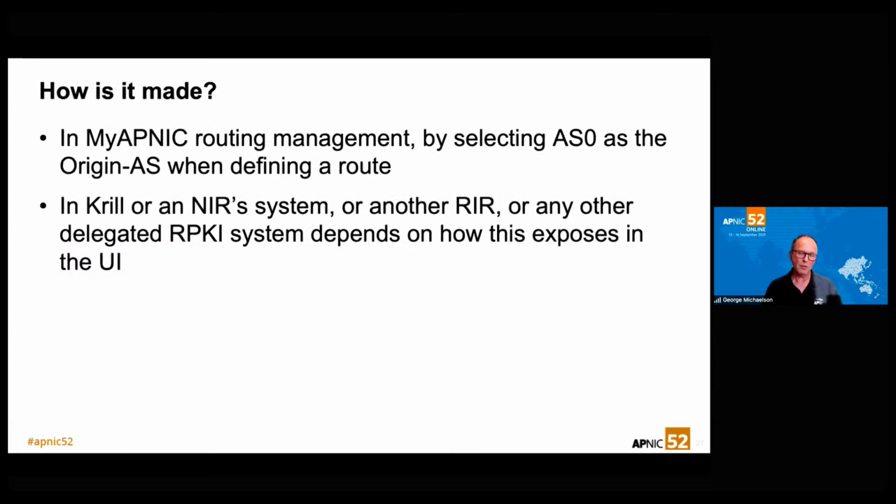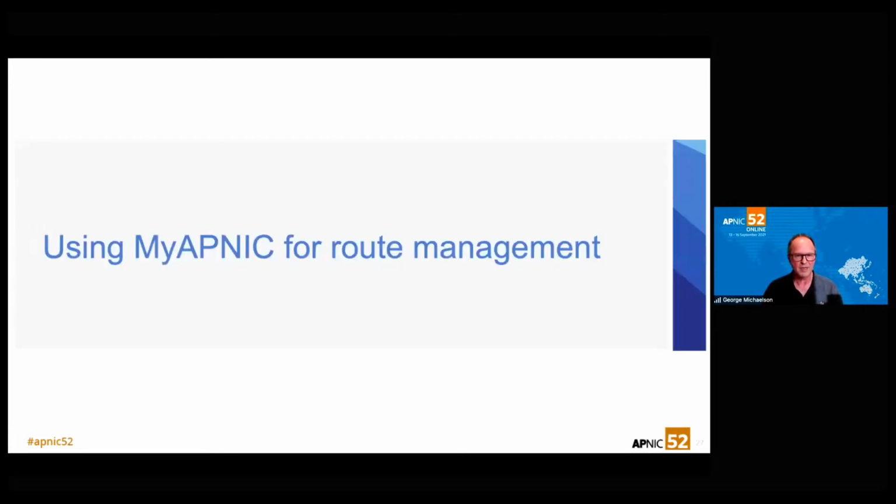Now, if you operate any other system, like hosted RPKI, as a delegated CA under our service, or in an NIR or in another RIR, you're going to have to consult their manual. But the principles would be the same, even if the GUI was totally different. The key point is you have to specify AS0 as the origin AS of the prefix you want to make a ROA for. So let's talk about how to do this in myAPNIC.